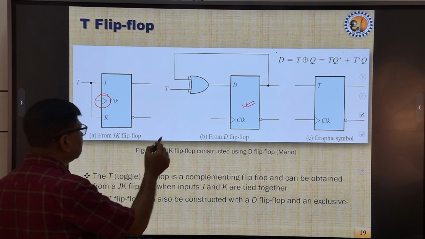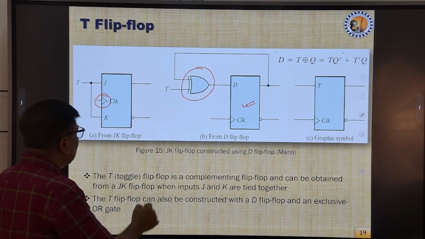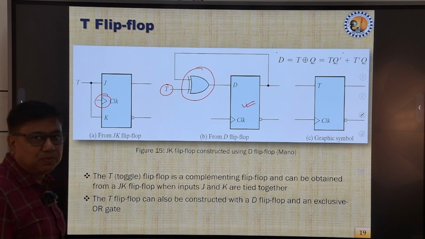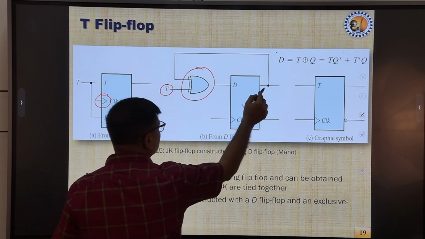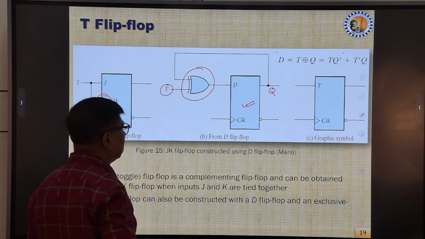What is the modification? Here we can see the symbol of an XOR gate. One input of the XOR gate is connected to the input of the flip flop, in the present case T, and the other input is fed back from Q to this XOR gate.